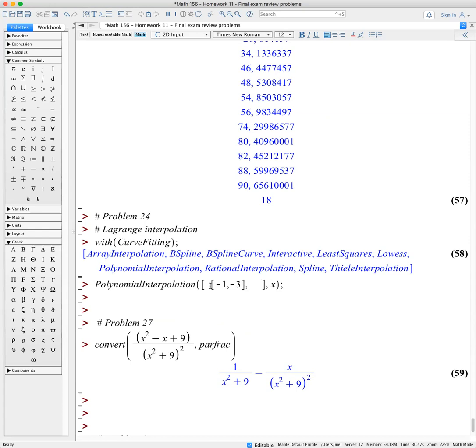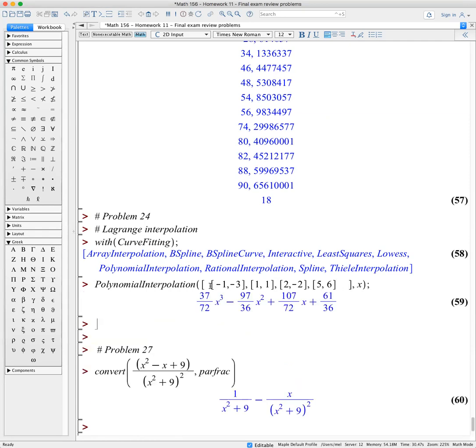I want f of 1 to be 1. So in square brackets, 1, 1. I want f of 2 to be -2. So in square brackets, 2, -2. And I want f of 5 to be equal to 6, 5, 6. So I got this cubic polynomial.